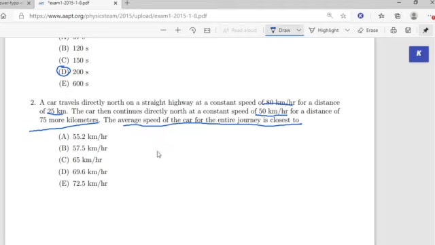Okay, so we know that distance is speed times time. Speed is distance over time. And the total distance is just 75 plus 25, so that's 100. And this is where it gets a little tricky, so we have to divide this into two sections, since he goes at different speeds for the 25 kilometers and then the 75 kilometers.